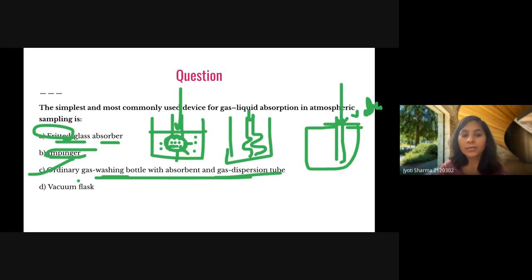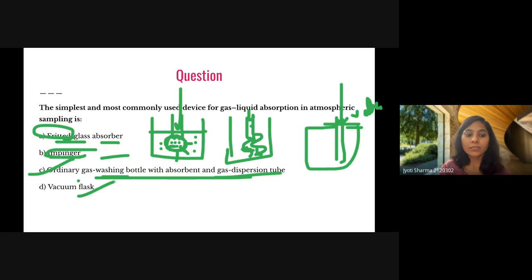The second thing is, we are giving this air something to strike on these surfaces intentionally. So whenever air strikes that surface, we will have more collection efficiency. So this comes under the impinger.